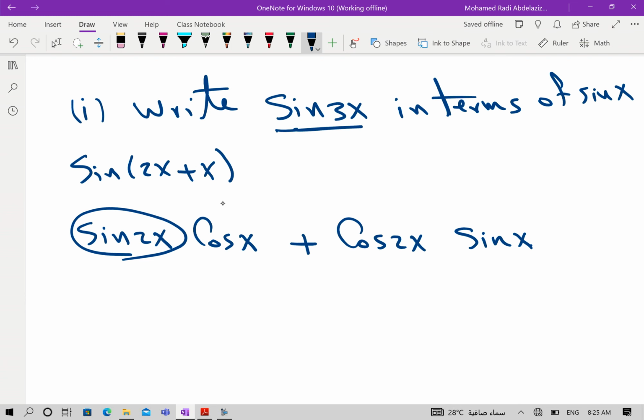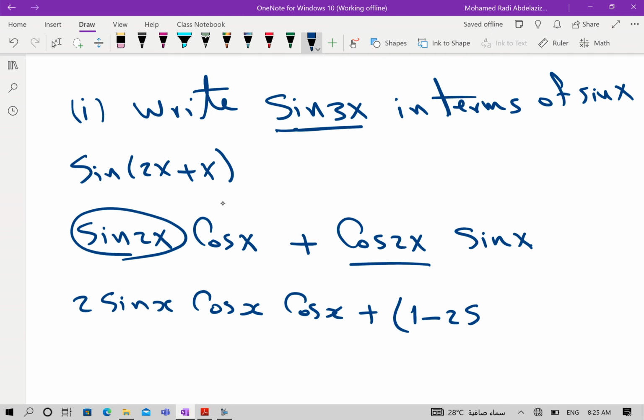Then sine 2x, remove it and write 2 sine x cosine x times cosine x, plus. Remove cosine 2x and write what? We have 3 identities, but I need to write the expression in terms of sine. So write the third one: 1 minus 2 sine squared x multiplied by sine x.